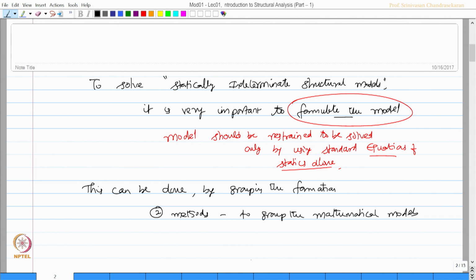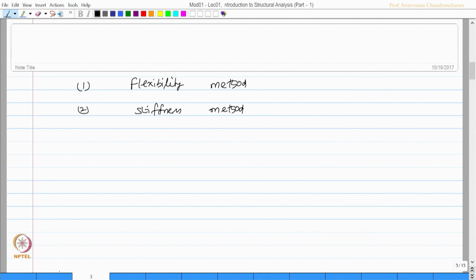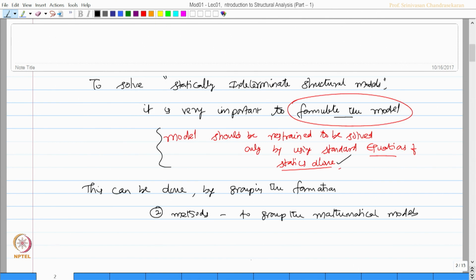Friends, please realize that these two methods are actually done only for simplifying the model, so that they should be solvable using standard equations of statics alone. So, it is our convenience to group them. You can either group them in terms of flexibility method to apply the problem, or you can solve the problem using stiffness method, but one commonness is in both the cases I should use only the model to be restrained and solved using standard equations of statics alone.